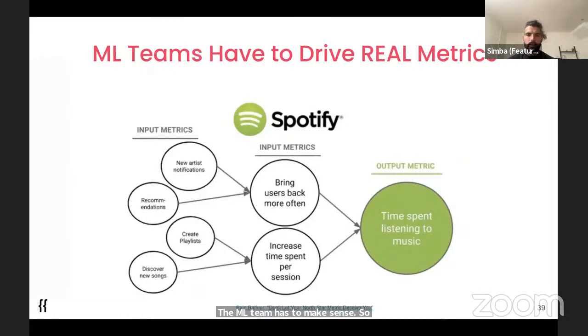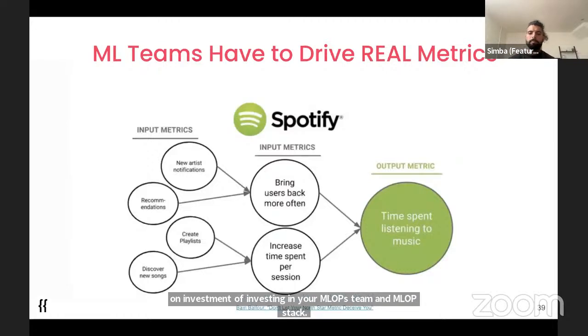If you're Spotify, the recommender system at Spotify clearly is driving real metrics, in this case, time spent listening. So if the ML team is able to iterate better, iterate faster, and that model is able to continue to improve, that's directly tied to revenue, which is great. That's where you want to be. And then for MLOps, you can justify the value and the ROI, the return on investment, of investing in your MLOps team and MLOps stack by showing how much better it makes the ML team.